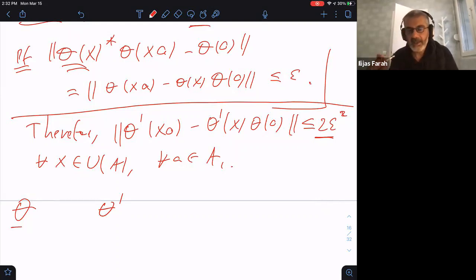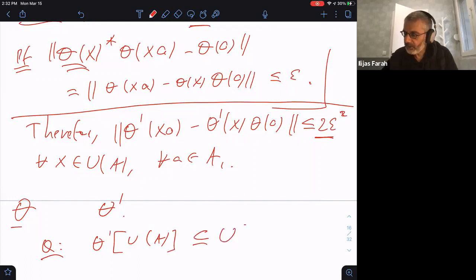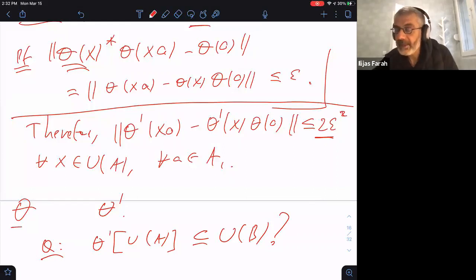Now there is just one minor issue that needs to be resolved before one does that. We don't know the answer to this question: if you take theta prime and take the unitary group of A, is this a subset of the unitary group of B? Because the proof used that very seriously. But one can correct that at the expense of increasing the epsilon just a little bit.